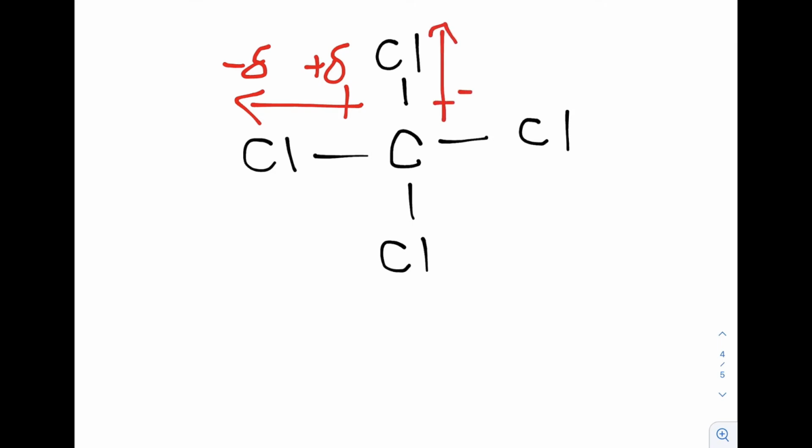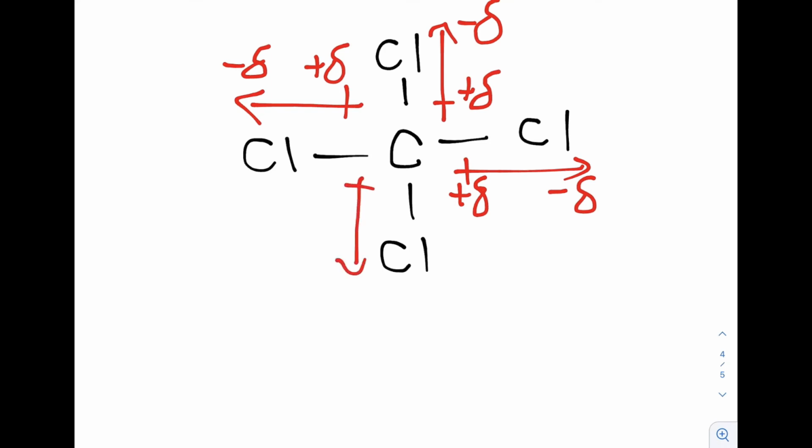As you can see, the carbon keeps getting the positive ones, and each chlorine will get the negative ones, because the chlorines will all draw the electrons toward themselves. They don't hog all of them, they just have more electron density because they attract more of them.